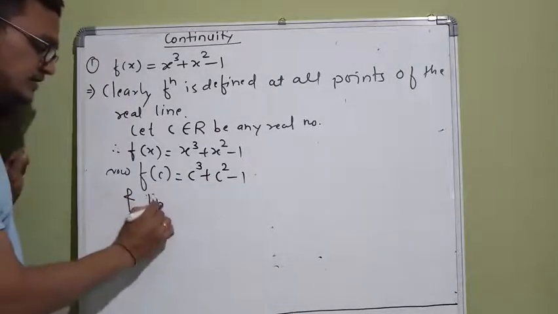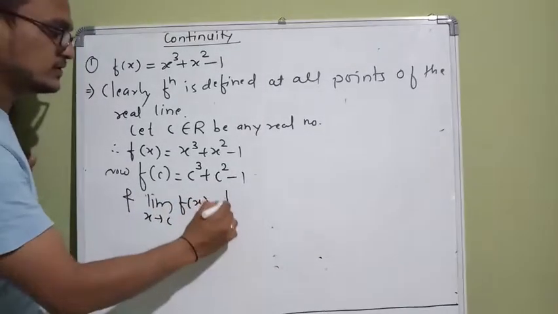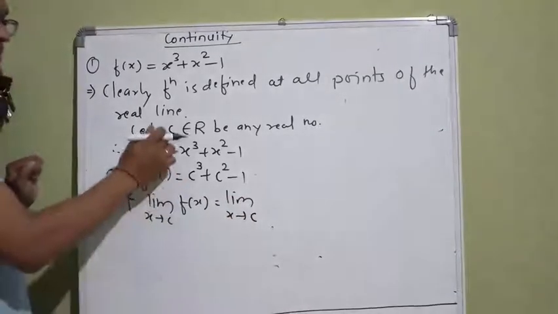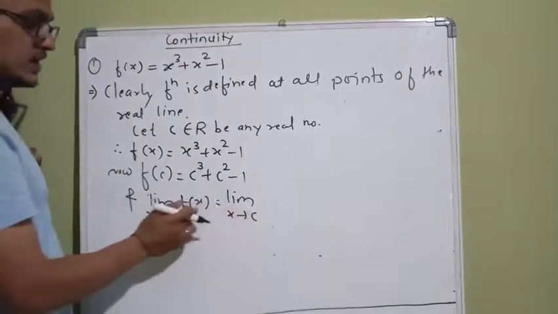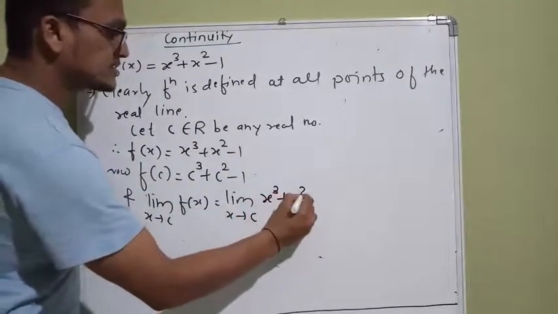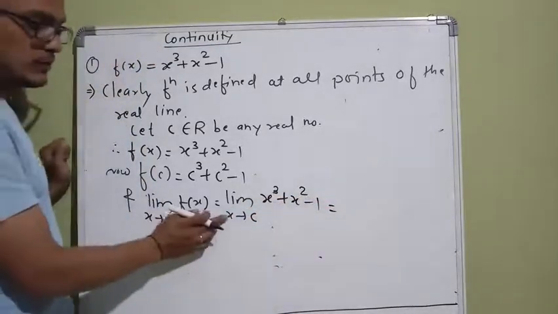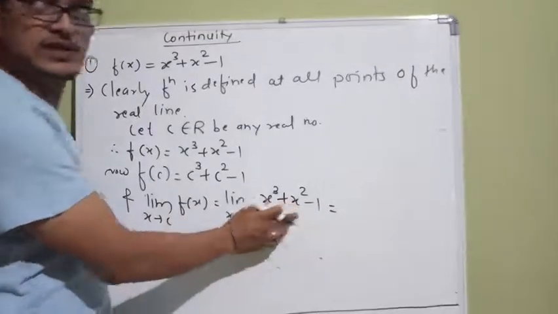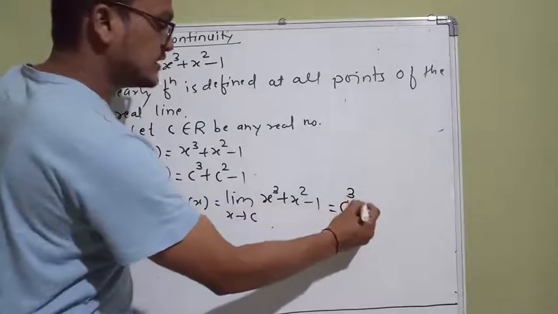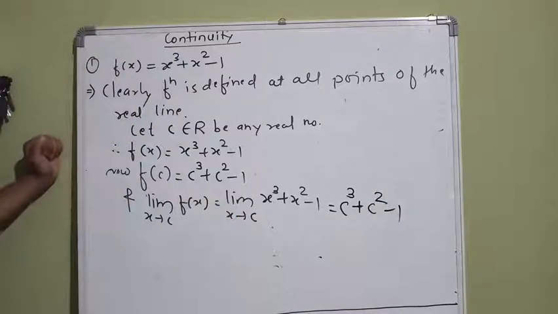And limit x tends to c, f of x is limit x tends to c of x cube plus x square minus 1, which is equal to, putting the limit x tends to c in the function, c cube plus c square minus 1.